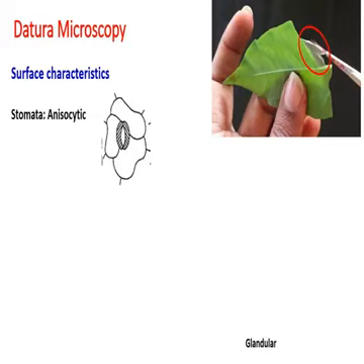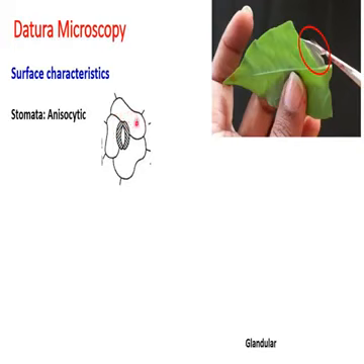Stomata in the case of Datura are of the anisocytic type. Anisocytic means the stoma opening is surrounded by two guard cells which are kidney shaped, and these two guard cells are in turn surrounded by three subsidiary cells, 1, 2, and 3.